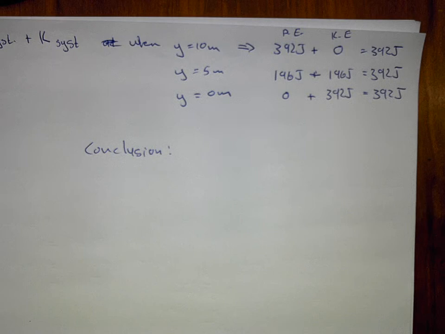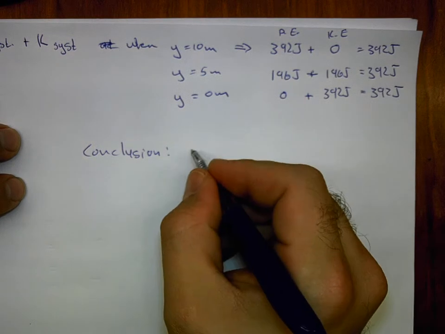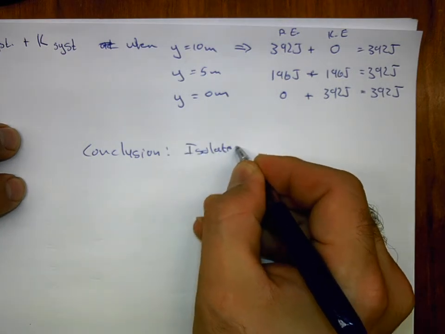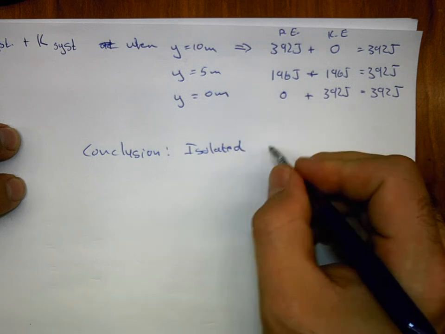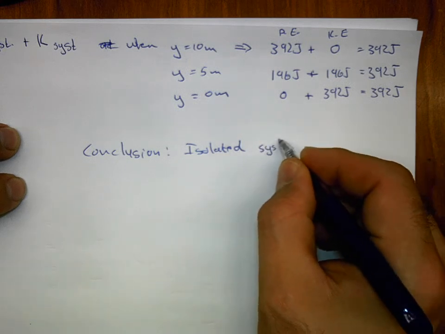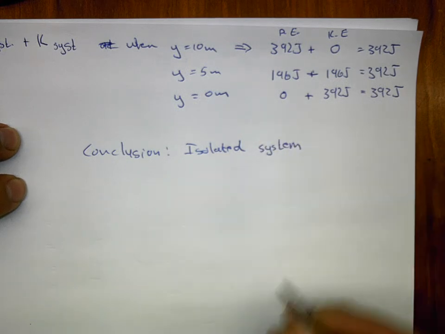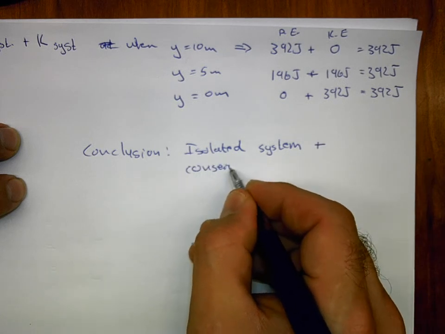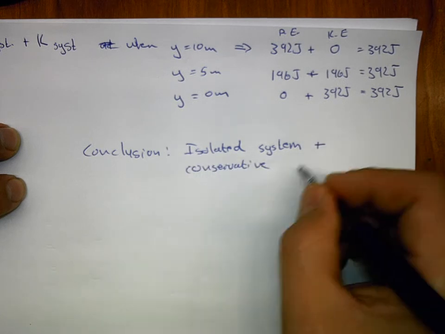So it's a force between two objects in the system, so it's an internal force. So we had an isolated system, so nothing from outside the system affected the motion. And we had a conservative internal force.